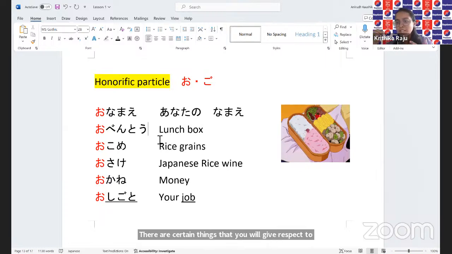Like you don't attach san to your own name. It's only for another person's name. Similarly, for the other person's job, you treat it with respect in conversation and say oshigoto. Oshigoto will always refer to the other person, maybe the listener, the person you're talking to, or a third person's job.